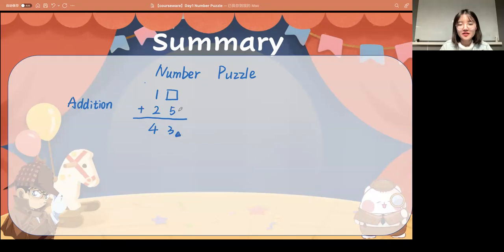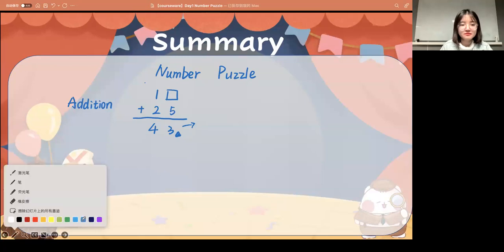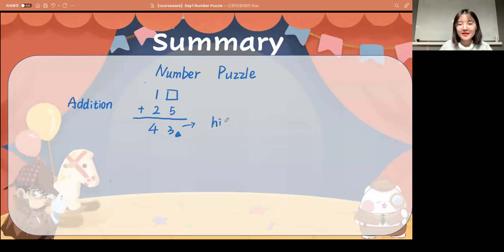Then for this 3, if the number is smaller after addition, it means there will be a hidden 10. Please do magic notes with me, please. Hidden 10. Okay.